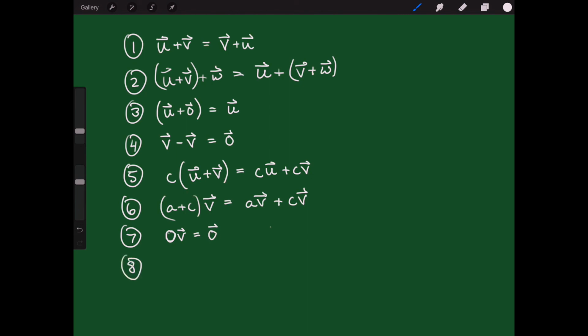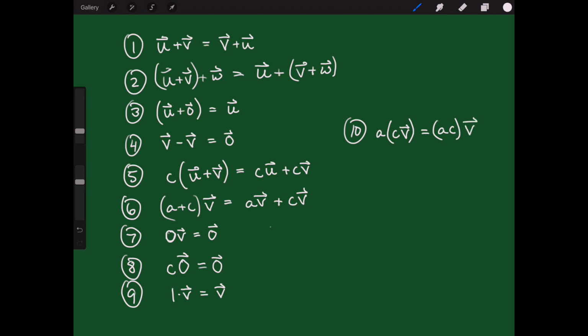Eight is that a constant times the 0 vector is always the 0 vector. Nine, 1 times any vector, where 1 is a scalar, is just the original vector. And finally, number 10, I'll write over on the side, is that a scalar times a scalar c times a vector v is equal to a times c times the vector v. And we call that the associative property of scalar multiplication.